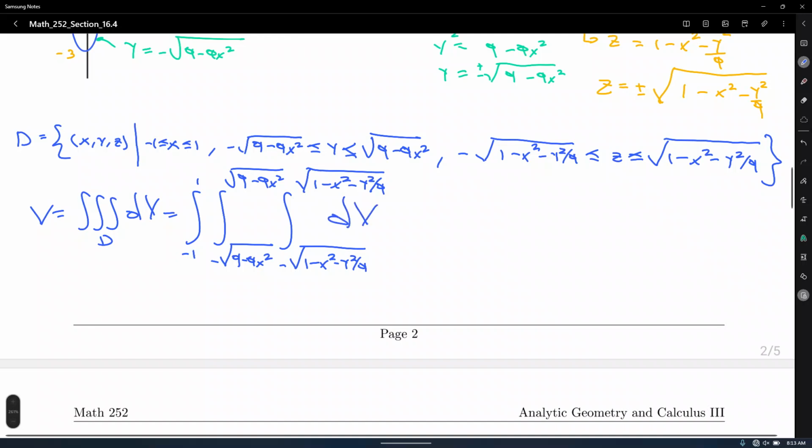And that's going to be our triple integral that would calculate. Oh, I need to iterate this, by the way. It has to be dz, dy, dx. All right?